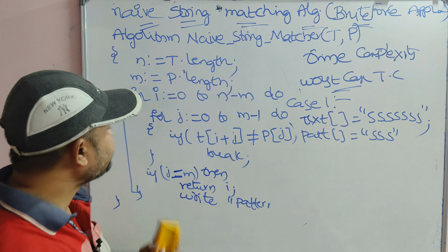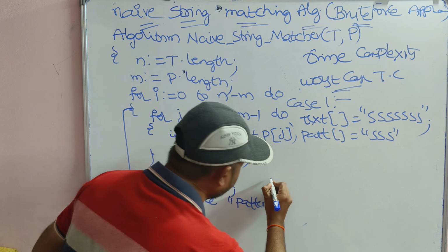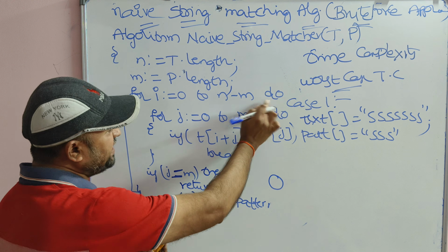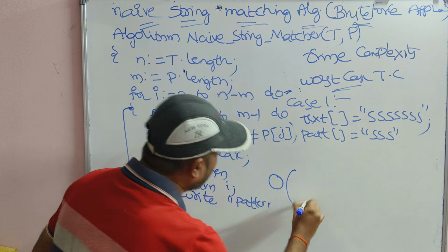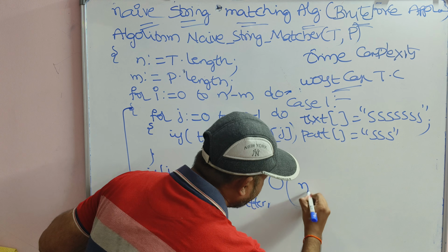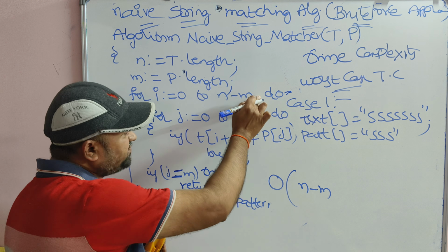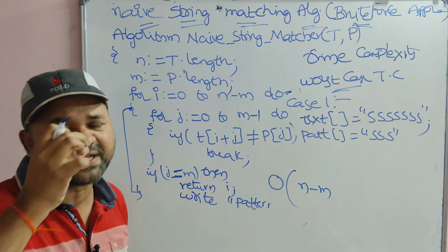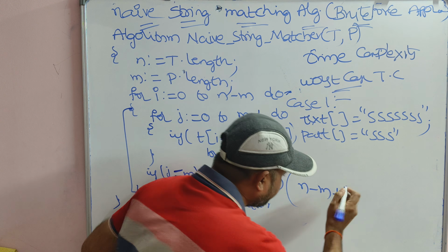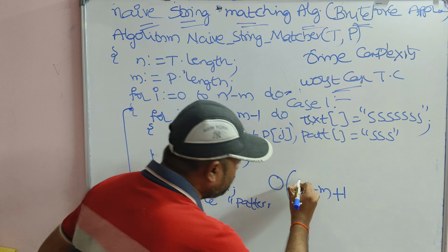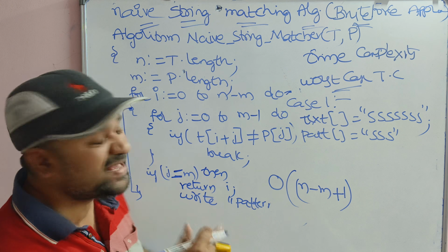So the worst case time complexity of this algorithm: if you take this for loop, how many iterations are required? Here we have n minus m, and the false condition will also be counted. So the number of iterations at the outermost for loop is n minus m plus 1.